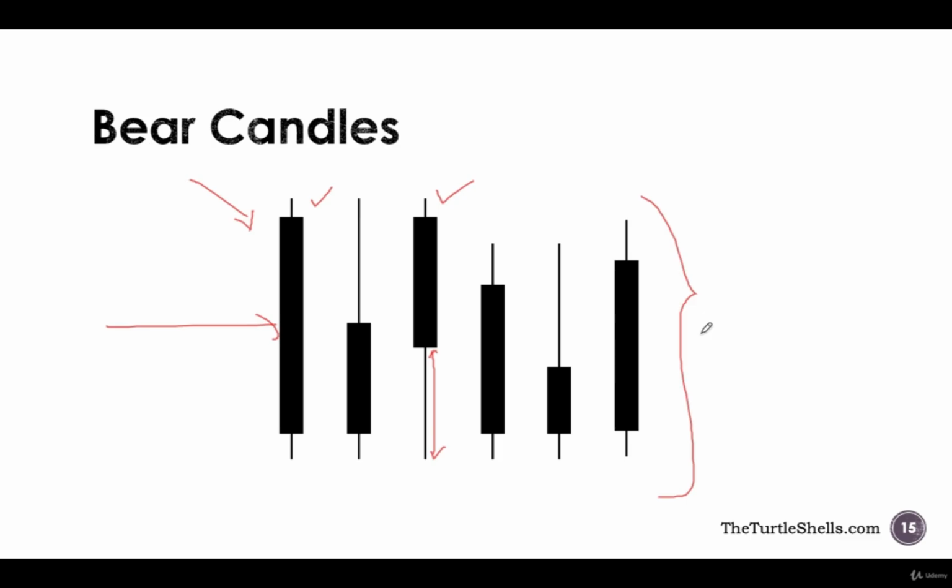So depending on the shape of the real body and the length of the upper and the lower shadow, we can have multiple permutations and combinations of candlestick lines. These are the candlestick lines which we are going to analyze, and we are going to look at patterns which will give us more insights into the market.